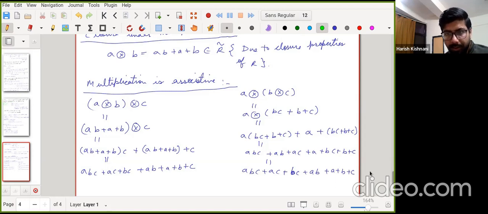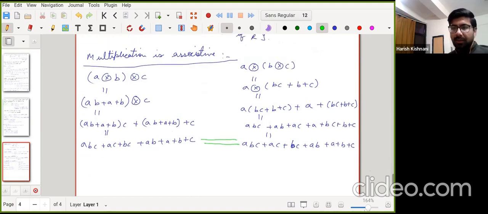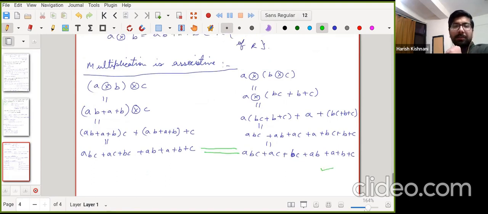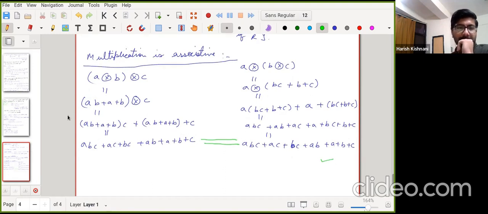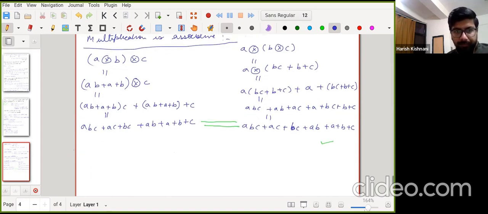So the associativity with respect to the multiplication is also there, right? Okay. So I hope this is clear. Associativity is also there with respect to multiplication. Okay, so now we can search for the multiplicative identity.